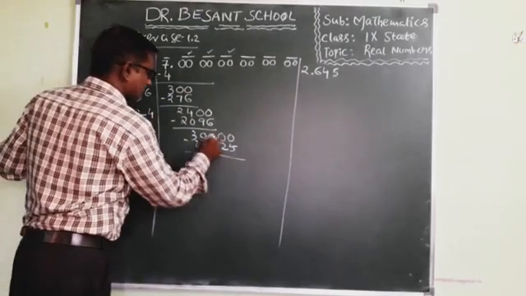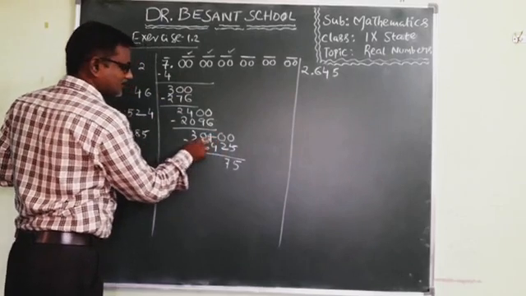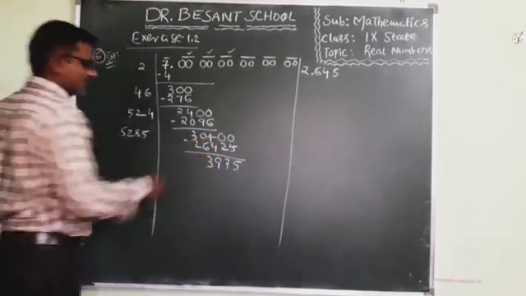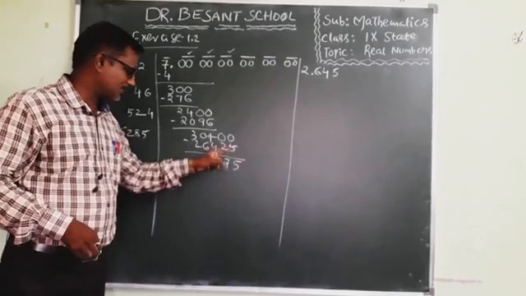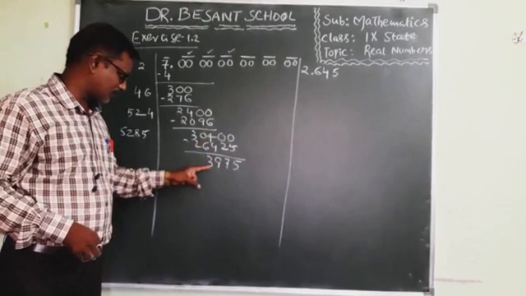Okay. Minus. 1 bar. 10 minus 5, 5. 9 minus 2, 7. 13, 3 will be there. 1 bar. 13 minus 4, 9. 9 minus 6, 3. Once verify. 5 plus 5, 10. 8. 8 plus 2, 10. 10 plus 4, 14. 4 plus 6, 10.